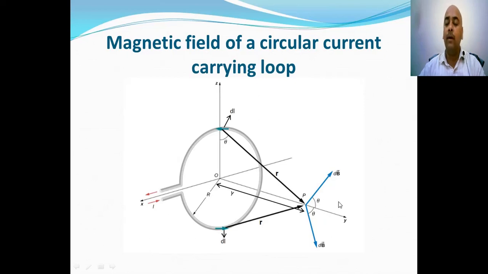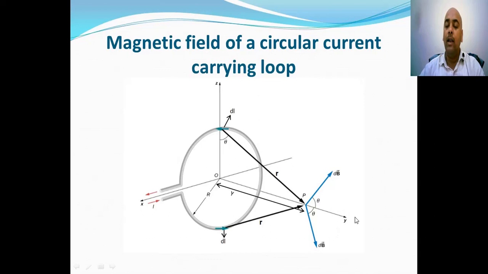As we have earlier discussed, dB can be split into two parts, one along the y-axis and the second perpendicular to the y-axis. However, the perpendicular component is cancelled due to the whole coil.